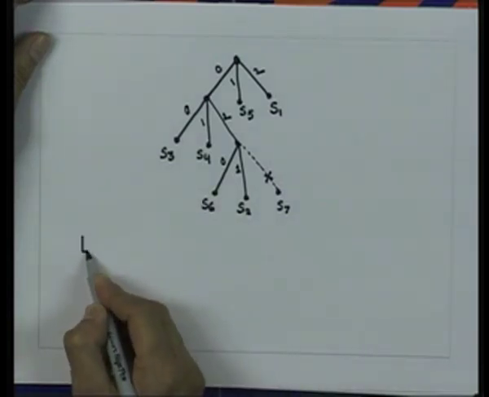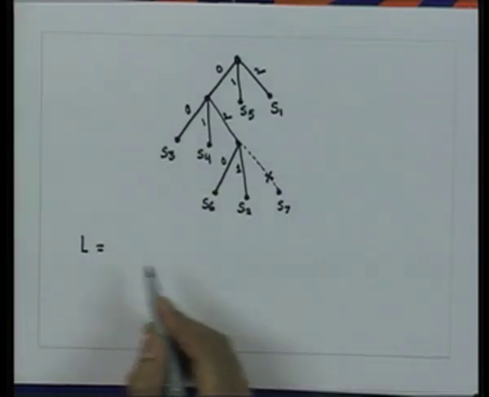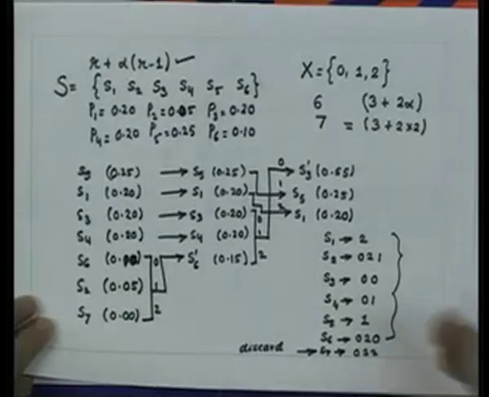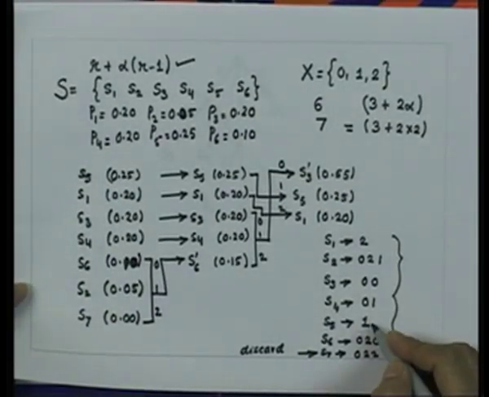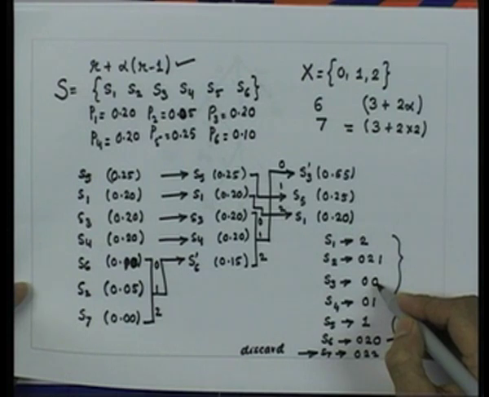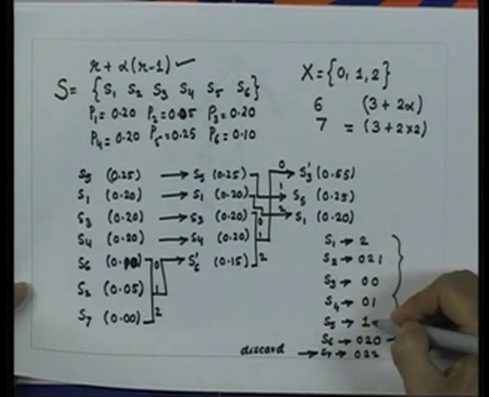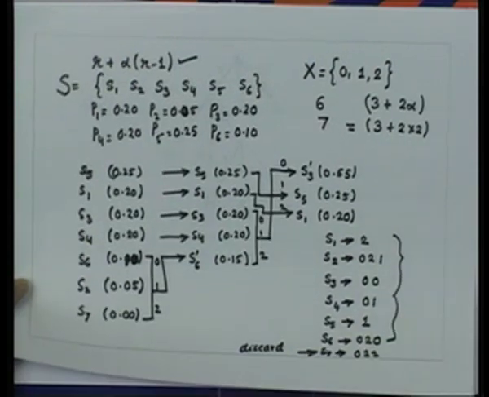So the average length turns out to be, there we have one code word of length 1 and 2 code words of length 2 and 2 code words of length 3.